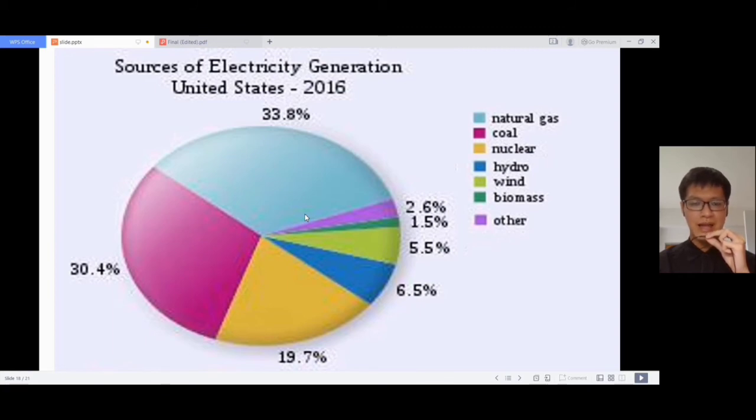The non-renewable energy such as natural gas, coal, and nuclear produces almost 80% of the electricity for the US. And the renewable energy such as hydro, wind, and biomass only produces less than 10% for the US.